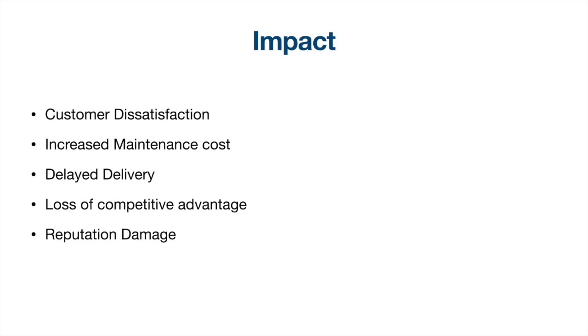Third, delayed delivery. Sometimes they want to go live on a certain date, like when there is a festival. Suppose the application or website provides a feature for discounted rate calculation on Christmas, New Year or Boxing Day.